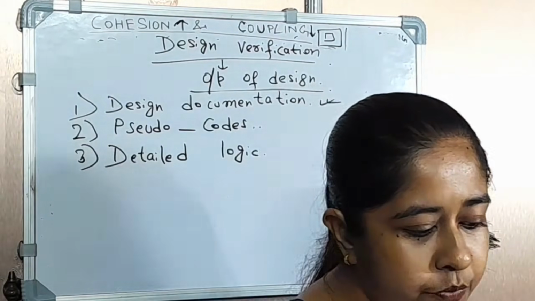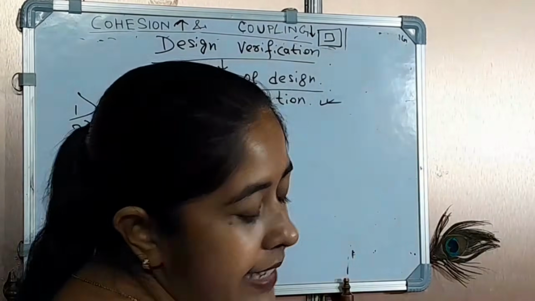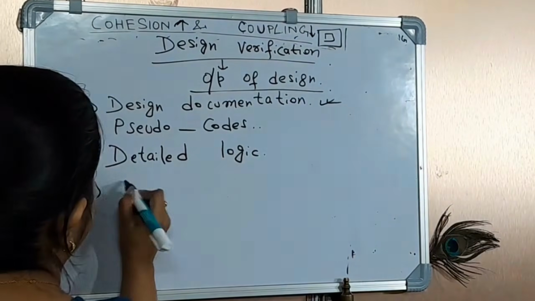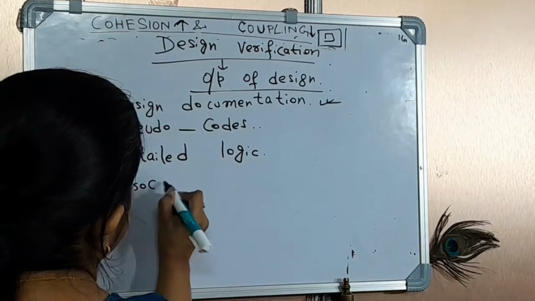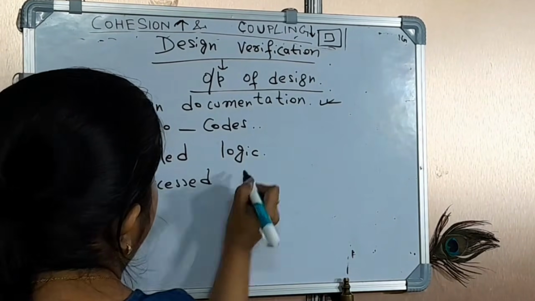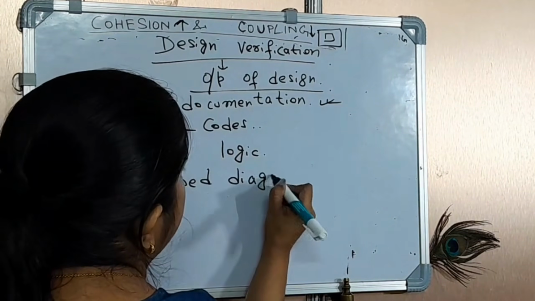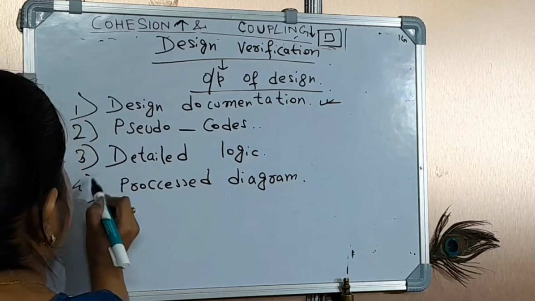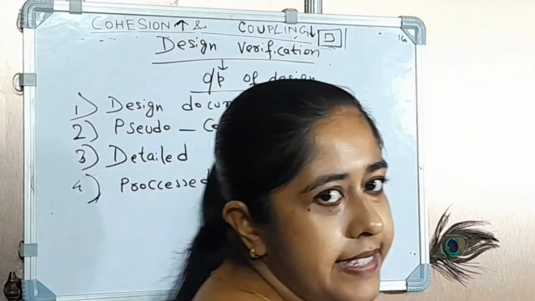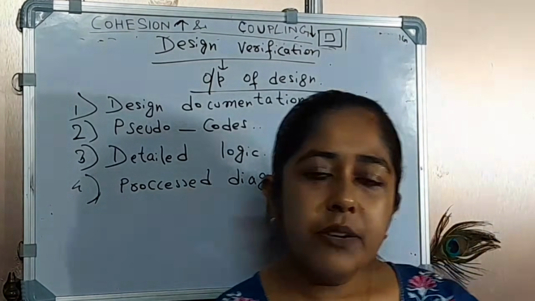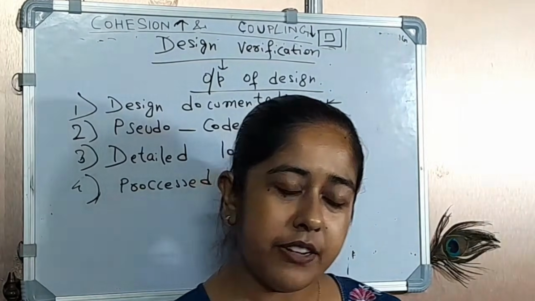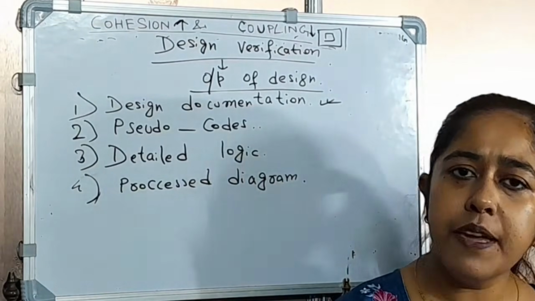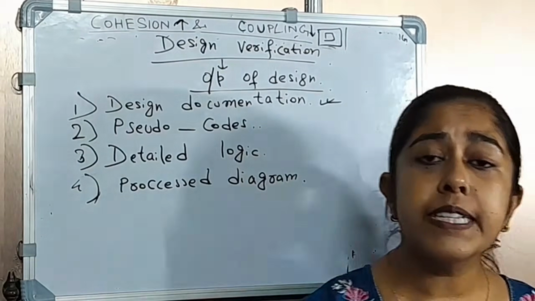Correct? Now what is the fourth one? That is the process diagram. We will mainly see that in other classes. DFD, ERD is there: the entity relationship diagram and the data flow diagram. So these are process diagrams.